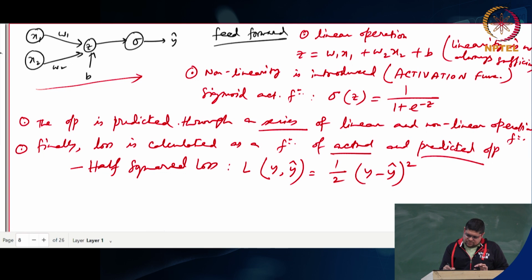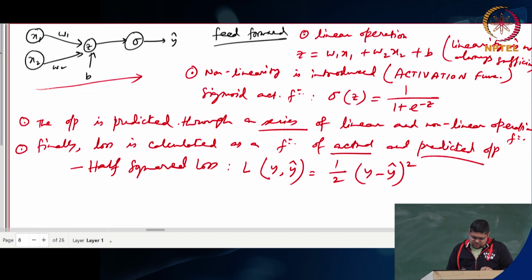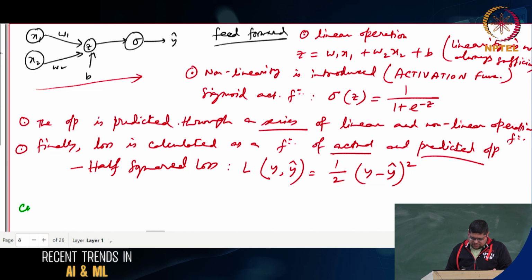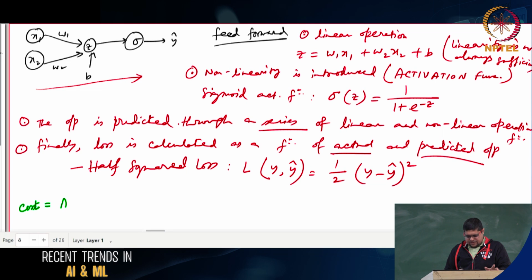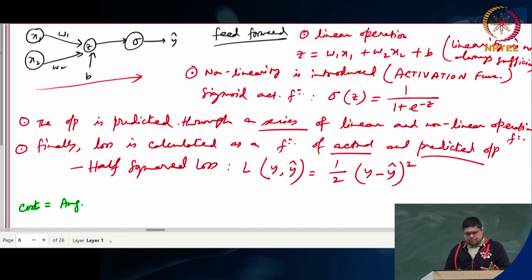So there is a difference between cost and loss function. The cost is calculated over all the samples, meaning the average loss over all the samples. Okay. So here I am calculating the loss for only one sample.